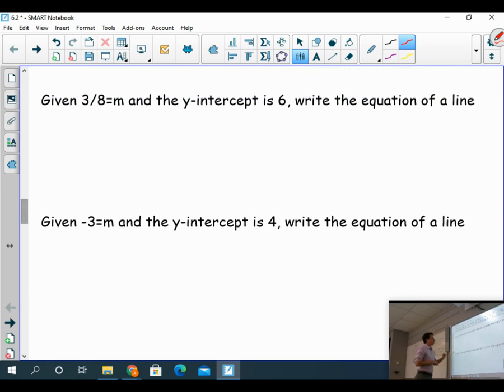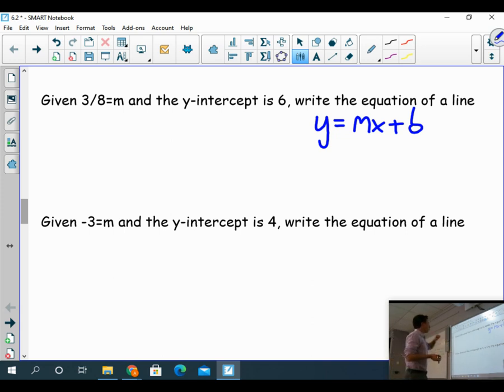So now let's go the other way. I will give you the slope and the y-intercept. You go ahead and write an equation in slope-intercept form. Well, again, we know slope-intercept form is y equals mx plus b. So the question becomes, what is our slope?